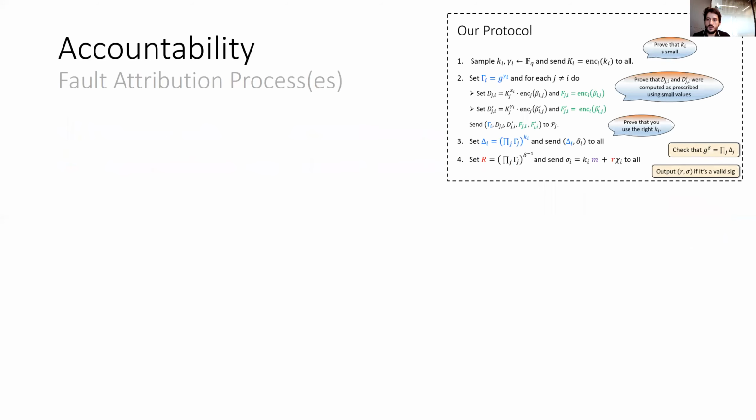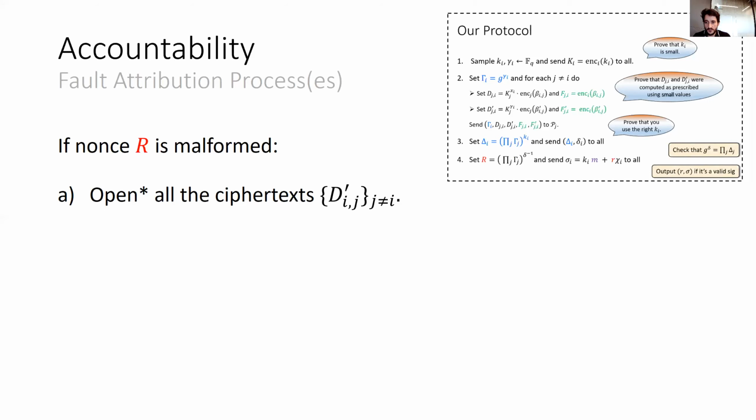So there are basically two things that can go wrong. Either the random nonce is malformed or the signature string does not verify. In the first case, since all the data for computing the nonce is independent of any long-term secrets, it's okay to simply open up the relevant Paillier ciphertext corresponding to the multiplication between K and gamma and verify in the clear which party sent the wrong value.